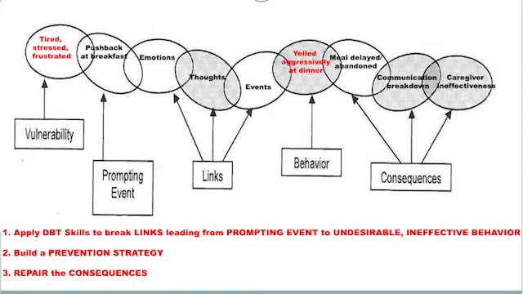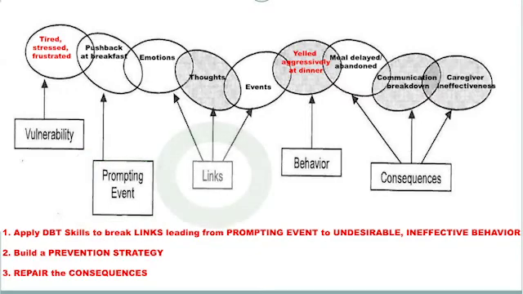Let's take a look at a graphic of a DBT chain analysis, and we'll begin with the rectangle labeled vulnerability. Looking above in the bubble, you see a particular caregiver vulnerability, someone who is tired, stressed, or frustrated. There's a prompting event that is something that you're confronted with. There's pushback at breakfast.